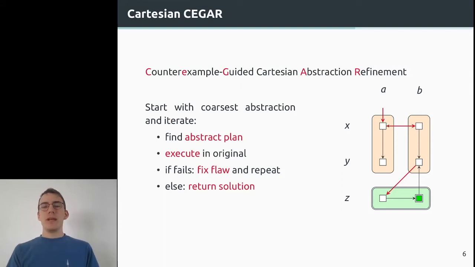Now, in the step of refining, we need to know what was the reason why we failed to execute in the original. And here, for example, we would use regression to do so. With regression, we get all the states where the operator could have been applied, and then we can separate them from those states where this wasn't the case.